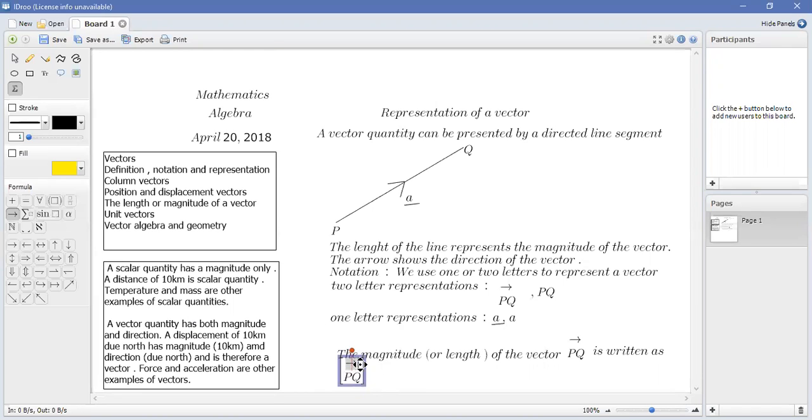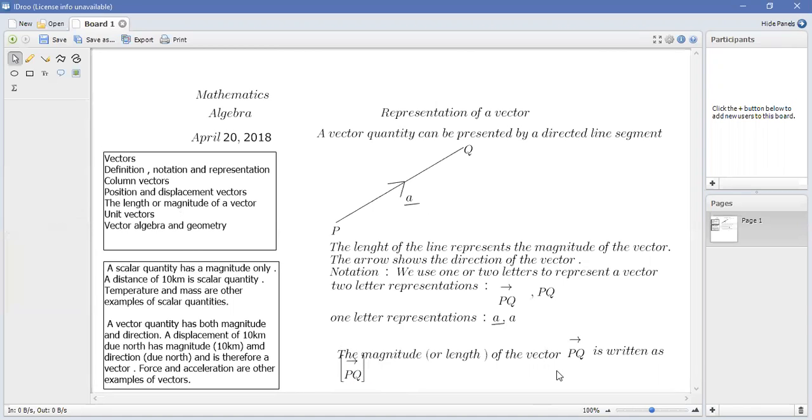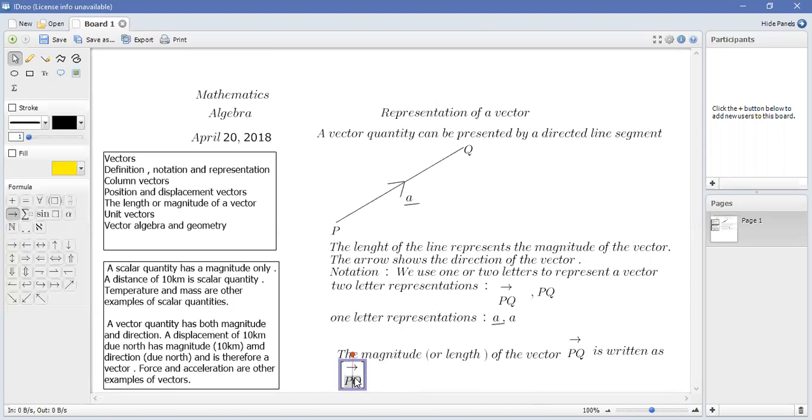So the magnitude or length of the vector PQ is written like that. Please note it has square brackets around it, not round ones. When you talk about the magnitude, you can't just write it plainly; you have to write it with the straight lines on both sides.